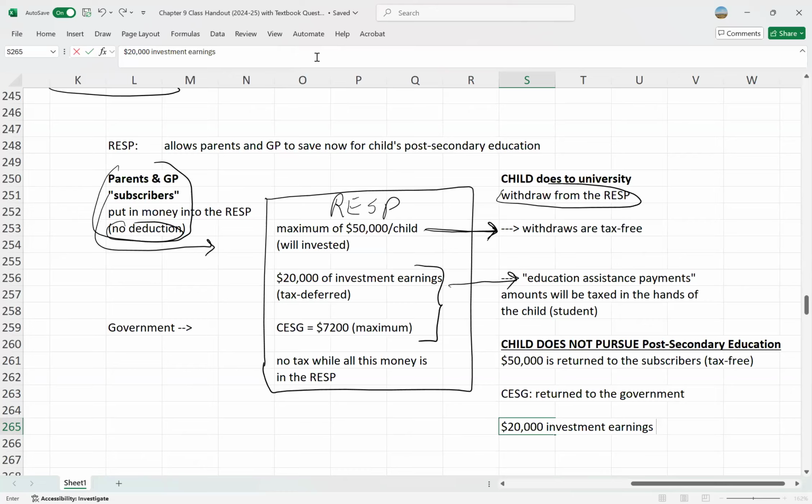That will be basically prorated to the subscribers. So once again, if the parents put in some money, if the grandparents put in some money, they'll figure out how much each put in, and prorate that 20,000 to the subscribers.